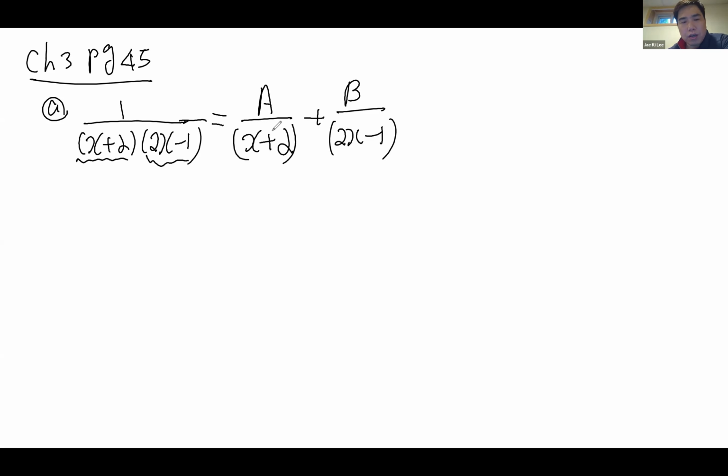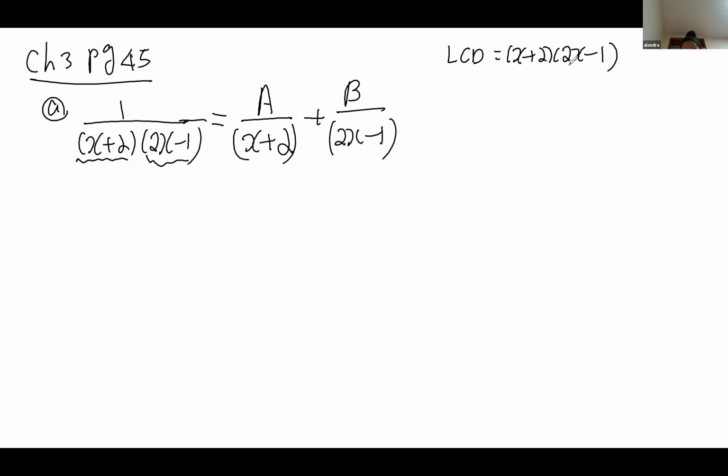So what's the least common denominator? So the LCD becomes, as you say, x plus 2 times 2x minus 1, right?